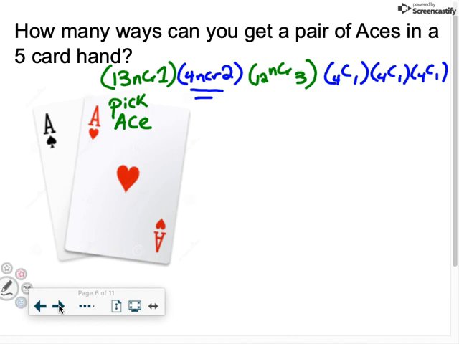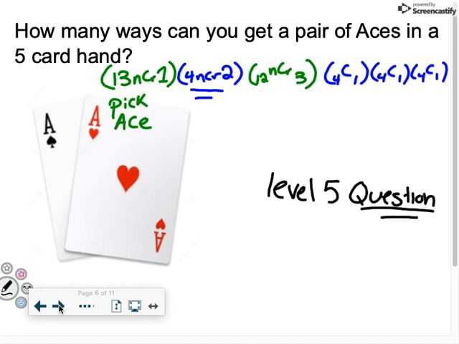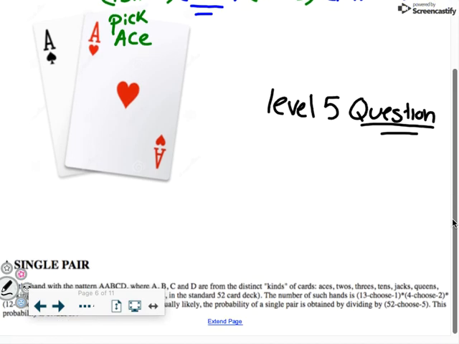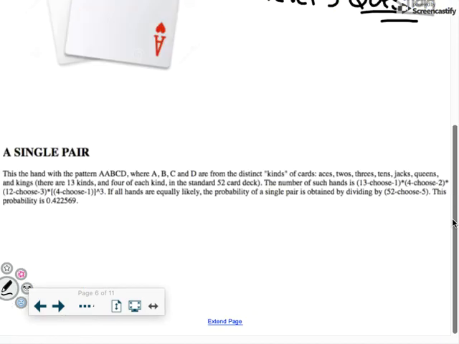Again, this is a level 5, right? When we talk about all of our different level type questions, this is a level 5 question. They actually have classes in college that are all about probability of playing cards and things like this. And so this is a challenging question, but a fun one to look at. And so if we're actually to do that, we can look down here at the answer. That explains it right here.